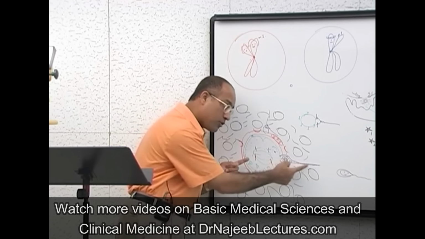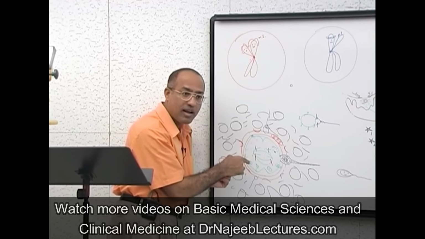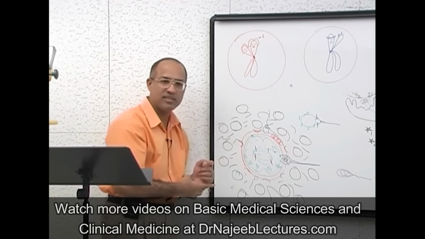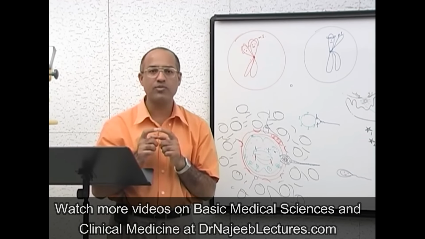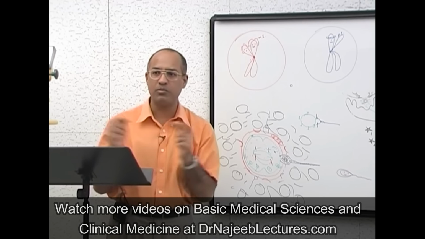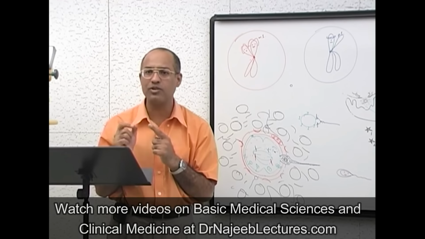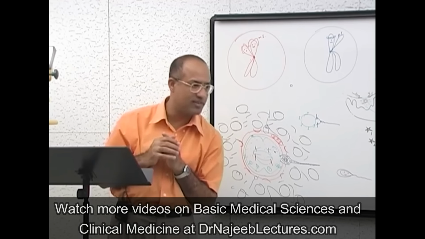But if sperm has brought Y chromosome and ovum was having X, then what happens? X and Y, male baby. Is that right? So another result of fertilization is that at that very moment, the moment fertilization has been done, chromosomal sex of the product of conception is established. Genitalia will develop, of course, later, right?